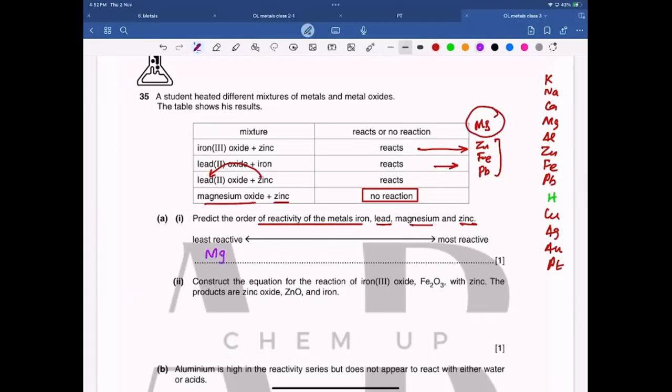Then they have asked you the least reactive. So which one is least reactive? Lead. Then iron. Then zinc. And most, magnesium. Okay.